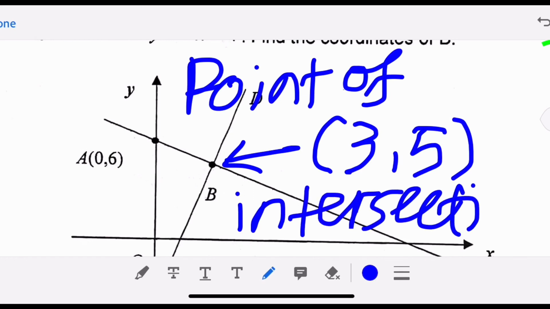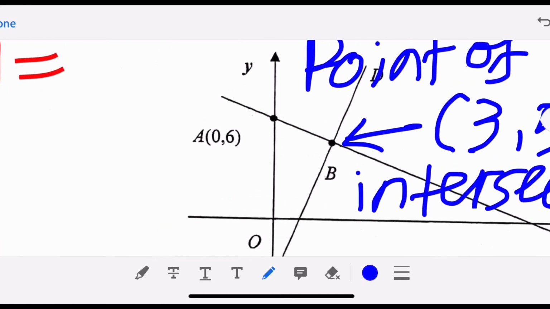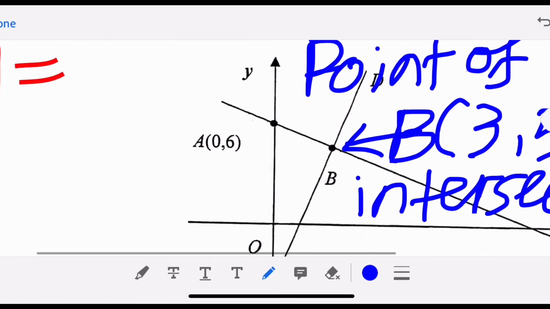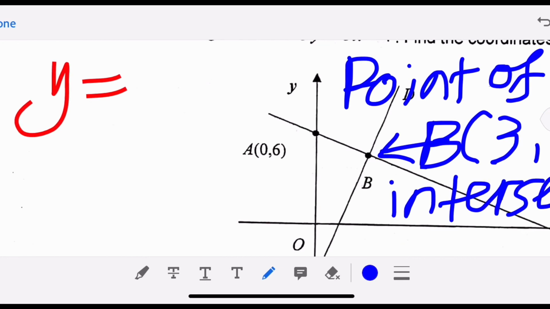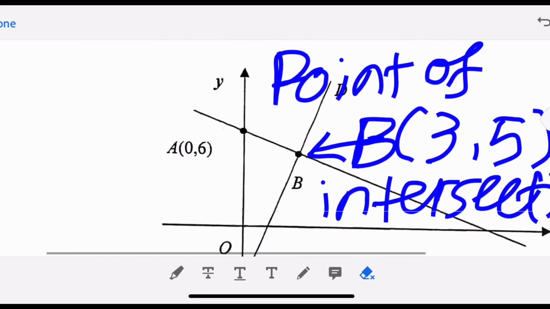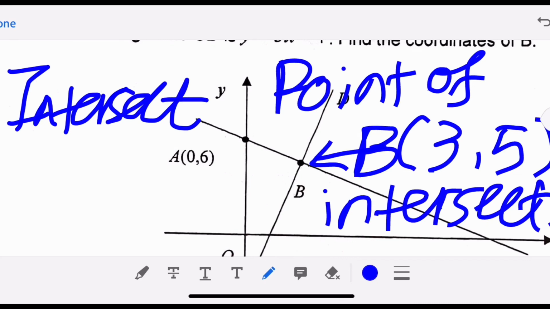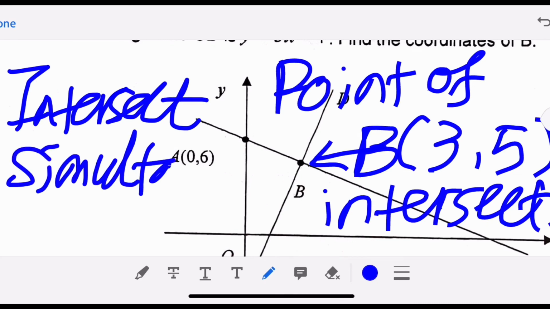For this question, it tests you on the concept of perpendicular, and also the concept of intersection of two lines, how you solve for the point of intersection. I'm sure after you follow my teaching, you can memorize intersect.